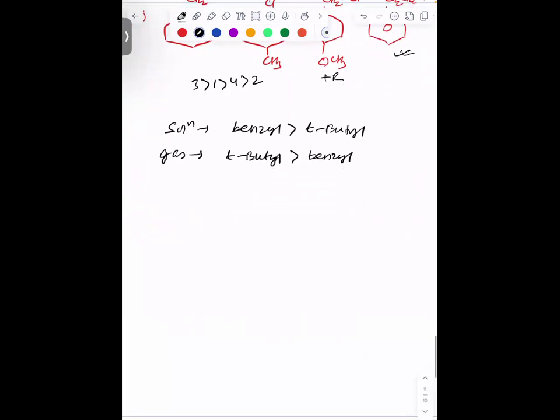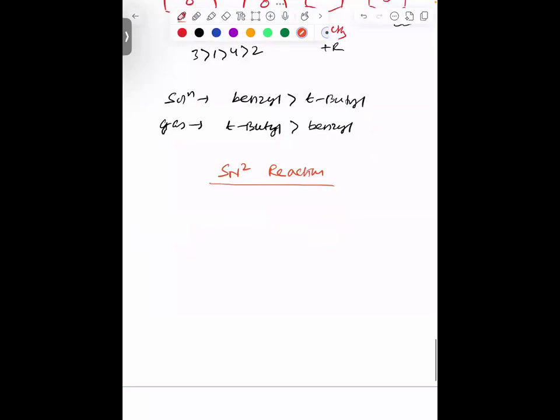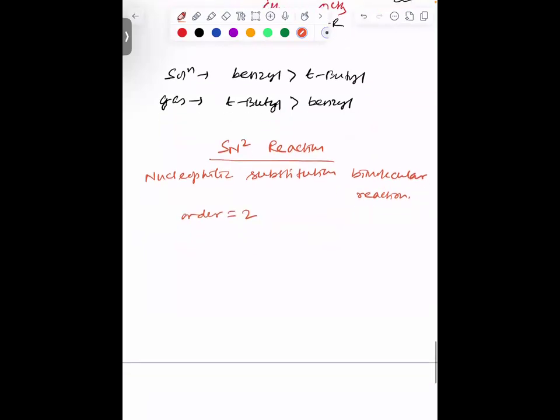Now we are going to start the SN2 reaction. So what is this SN2 reaction? Nucleophilic substitution bimolecular reaction. That means the order of the reaction is equal to 2. So how to write this?